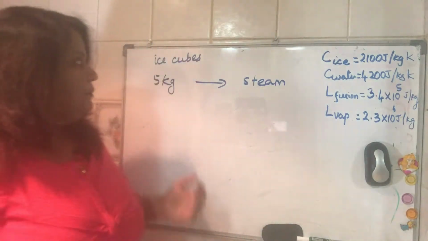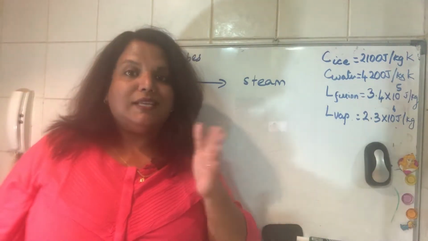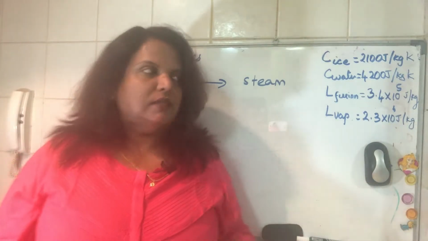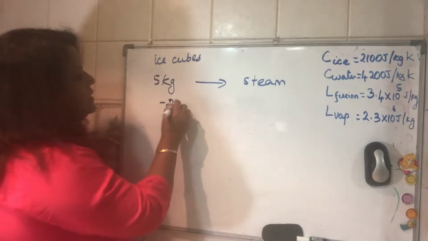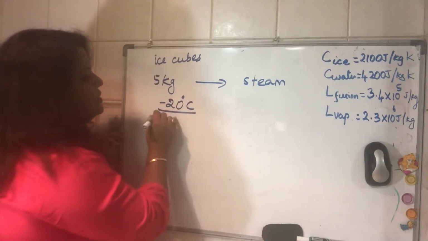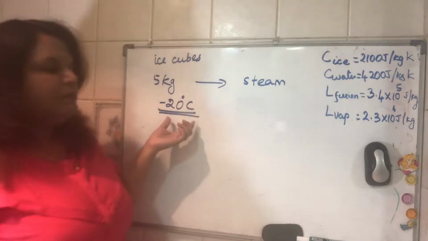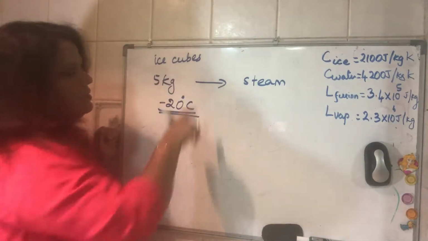The others who are watching, you first have to understand the different stages of these calculations and how it proceeds. First, the initial temperature of the ice cubes is minus 20 degrees Celsius. When will it start to change state?